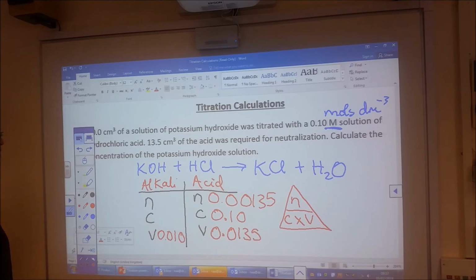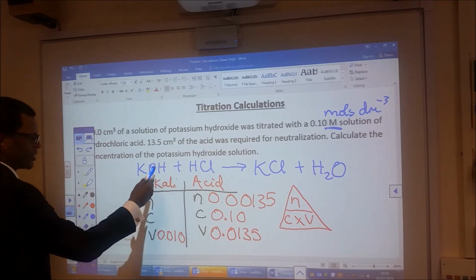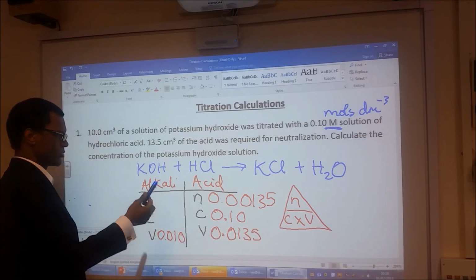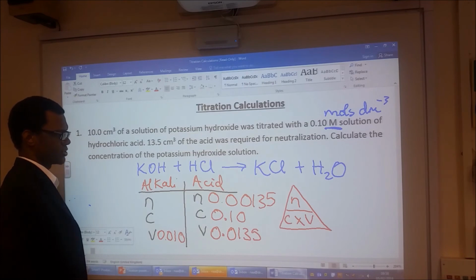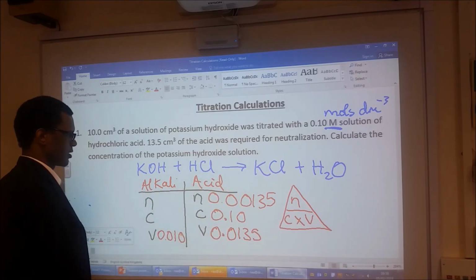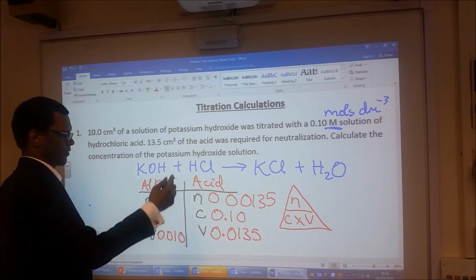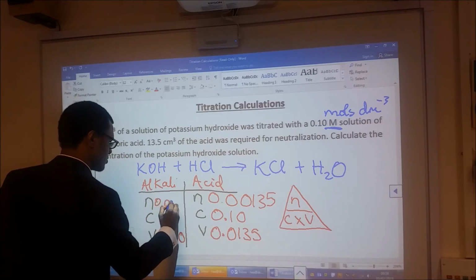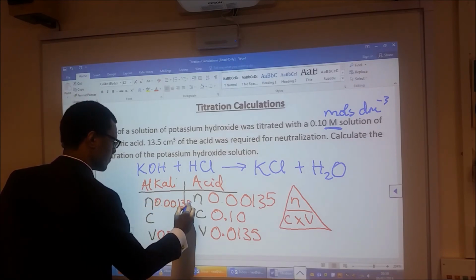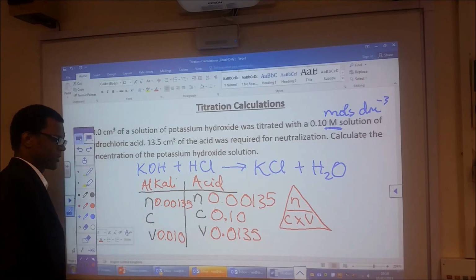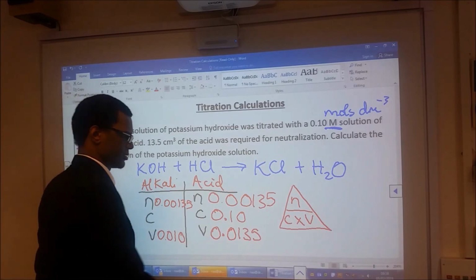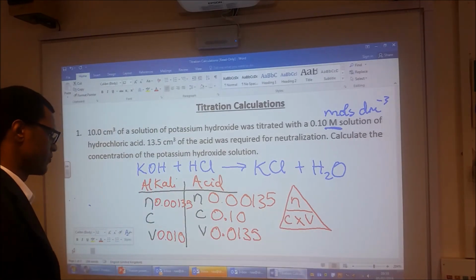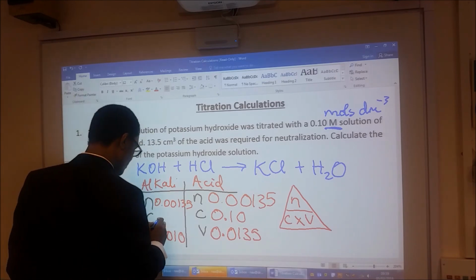And having a look at this, the ratio in here is 1 mole of hydrochloric acid is required to react with 1 mole of potassium hydroxide for this reaction to go through. So from this, I know that this must also be 0.00135, and I can calculate the concentration by covering this up in my formula triangle and doing number of moles divided by volume. Number of moles divided by volume is 0.135.